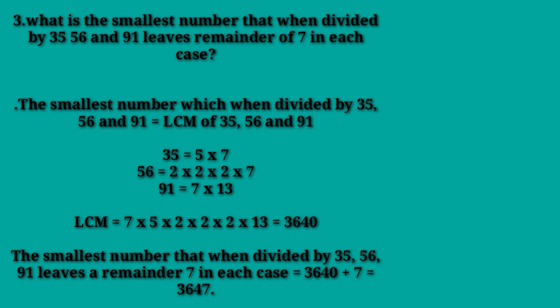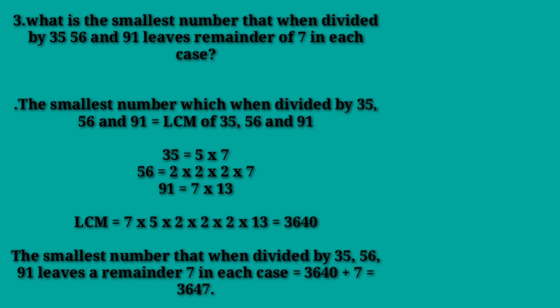First of all, do the prime factorization of 35. The prime factorization of 35 is 5 into 7, and the prime factorization of 56 is 2 into 2 into 2 into 7. Prime factorization of 91, 7 into 13.